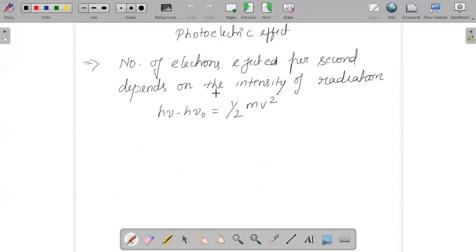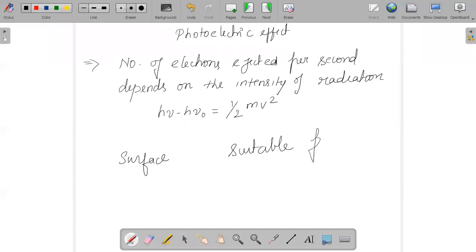And next you need to study about the photoelectric effect. What does it mean? Photoelectric effect is nothing but ejection of electrons from the surface of the metal when light has a suitable frequency.